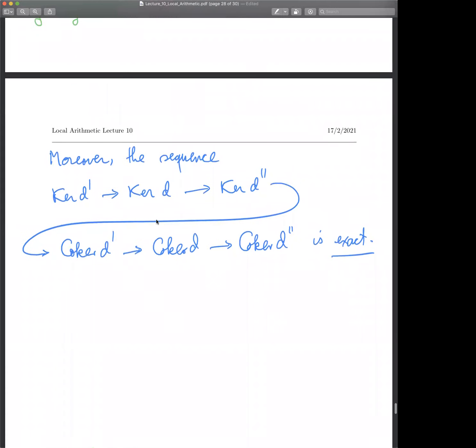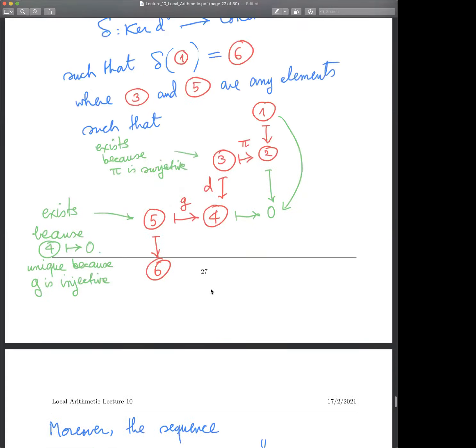Anyway, so this connecting homomorphism delta takes the kernel of D double prime to the co-kernel of D prime, which is taken to the co-kernel of D, which is taken to the co-kernel of D double prime, and this sequence is exact. So this is the snake lemma.